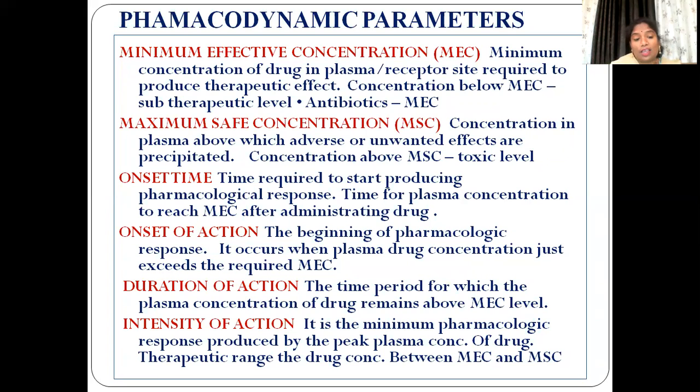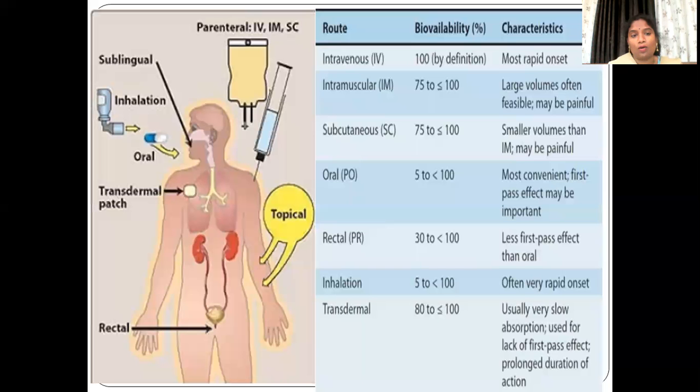And intensity of action means the pharmacological response produced by the peak plasma concentration of the drug, with the therapeutic range being the concentration between MEC and MSC. So how much intensity of action, meaning how much it is curing the disease, we call the intensity of action.